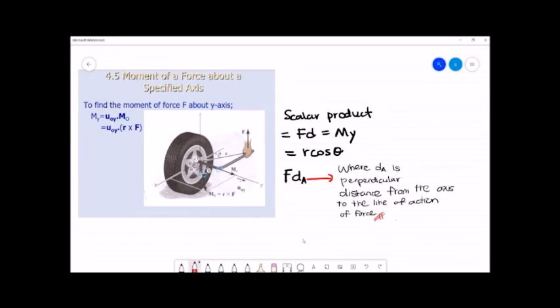However, what if you need to determine a moment at any axis? The moment at any axis will be equal to the force times dA, where dA is the perpendicular distance from the axis to the line of action of the force.